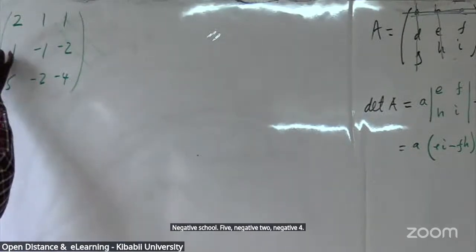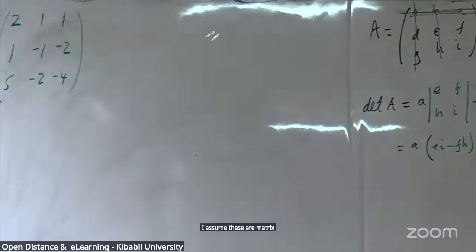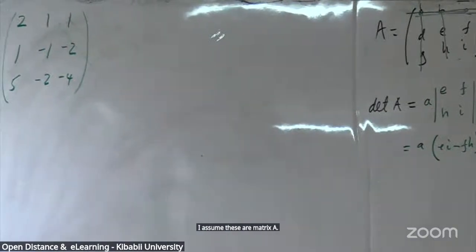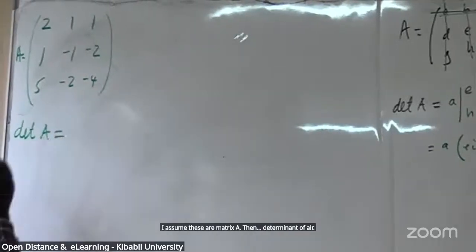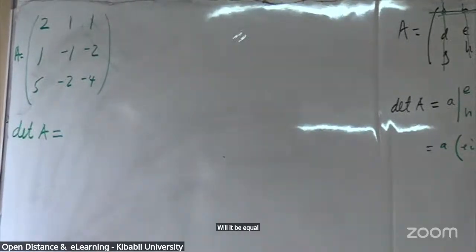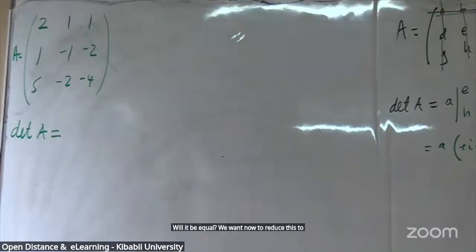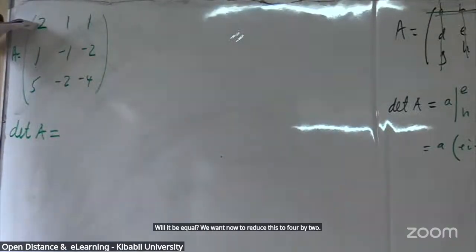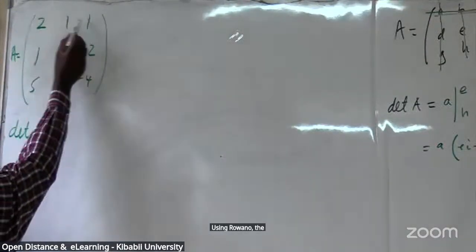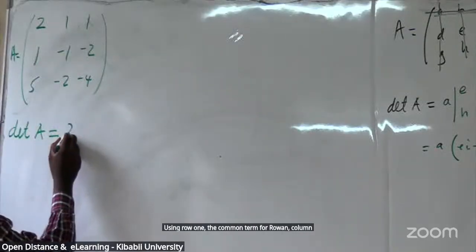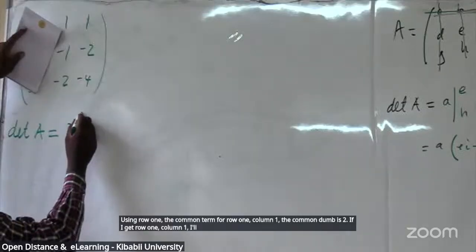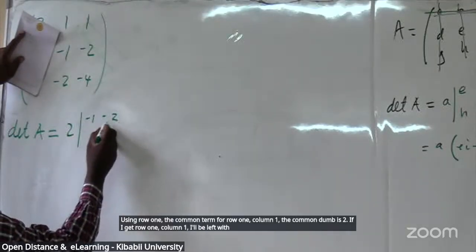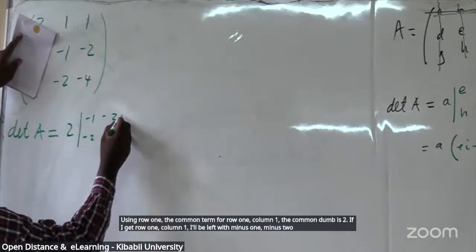Assume this is our matrix A. Then the determinant of A will be equal to... We want now to reduce this to 2 by 2. Using row 1, the common term for row 1, column 1 is 2. If I delete row 1, column 1, I'll be left with minus 1, minus 2, minus 2, minus 4.